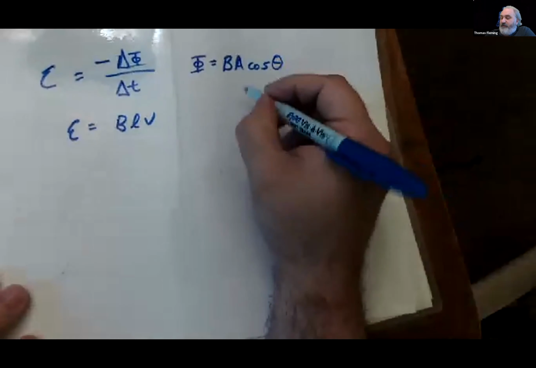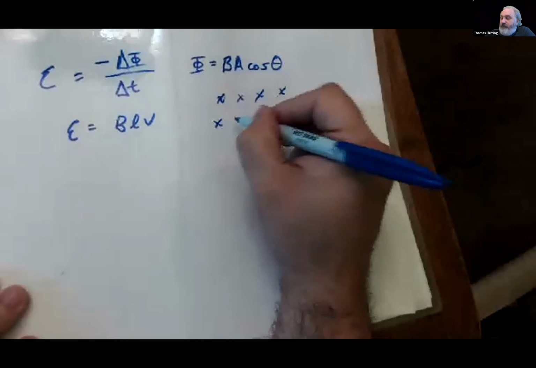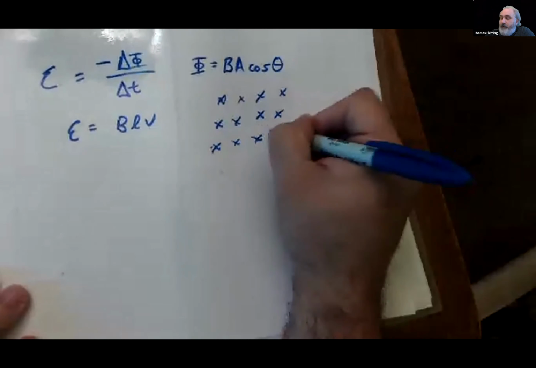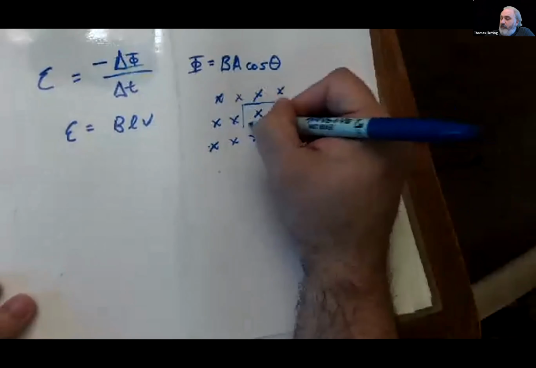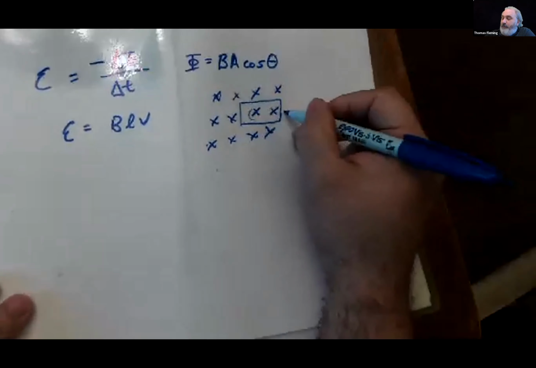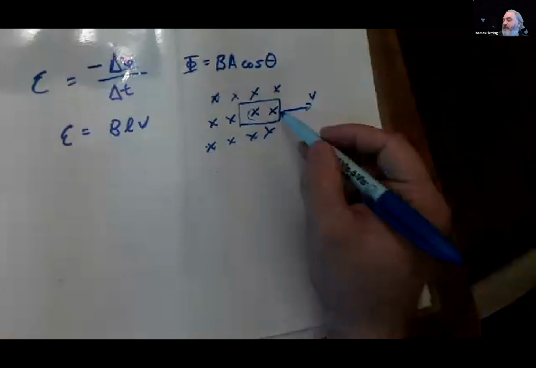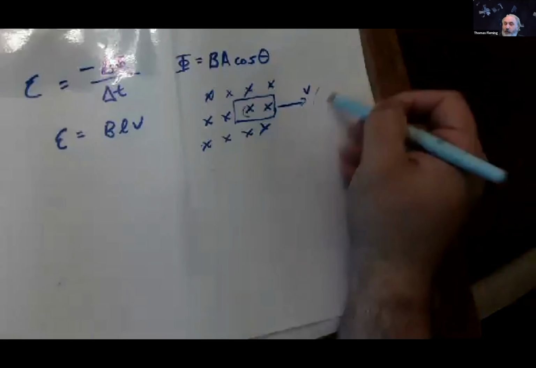So the idea is that if I've got a magnetic field that is uniform, say, here's B everywhere, and I've got some surface that lives inside and therefore has flux going through it. If I pull it out with a velocity V, as it leaves, the amount of flux inside that loop gets smaller because it's going into a region where there is no magnetic field.